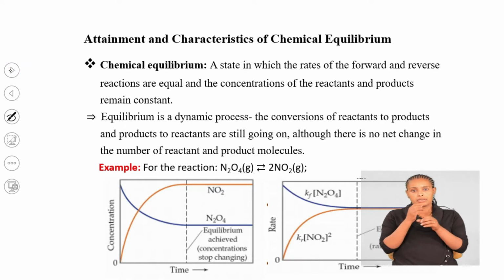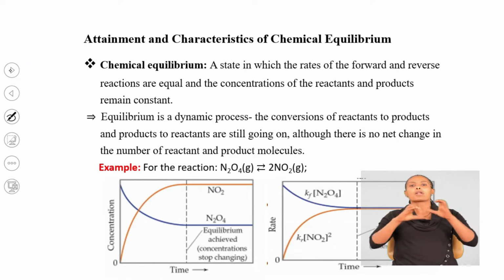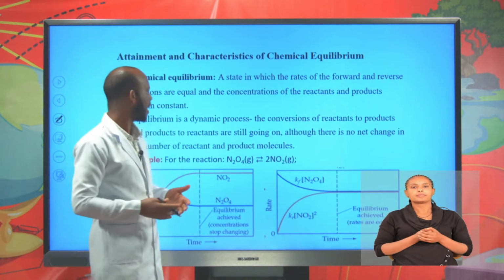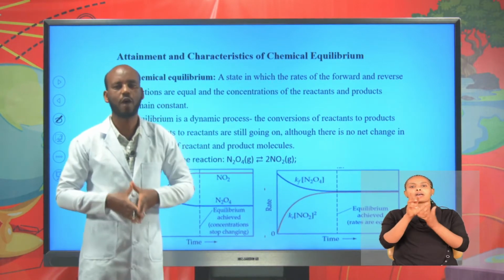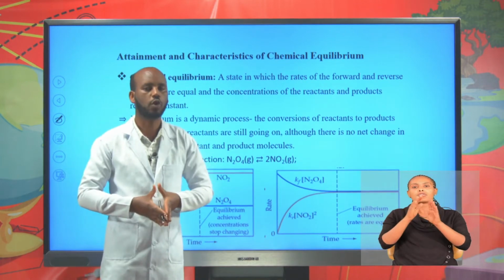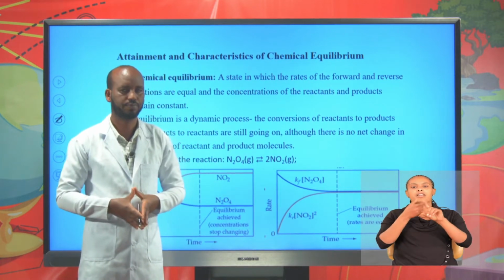Attainment and characteristics of chemical equilibrium. Chemical equilibrium is a state in which the rate of the forward reaction equals the rate of the reverse reaction.